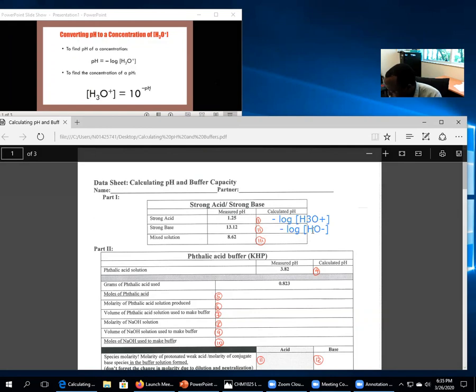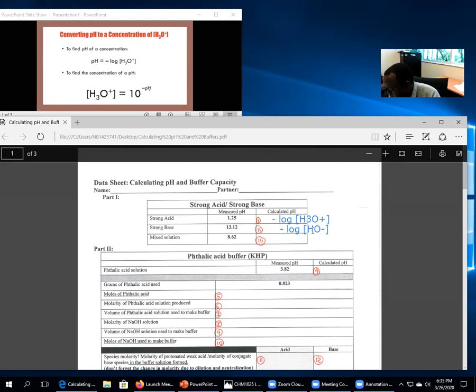You are working with 0.1 molar HCl and the same value, 0.1 molar NaOH.